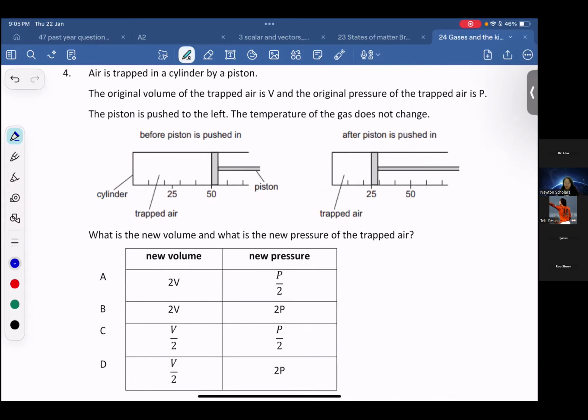The length starts at 50, after that 25. So what is your pressure, what is your new pressure, and what is your new volume?